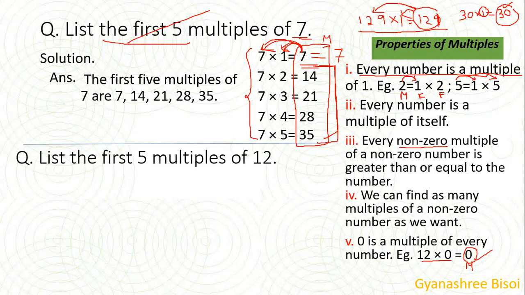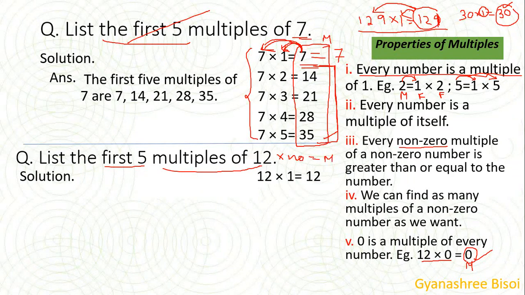List the first 5 multiples of 12. First 5 is written, which means we will start multiplying from 1. So, multiples of 12 means 12 multiplied by a number, and we will get its multiple. Very easy.